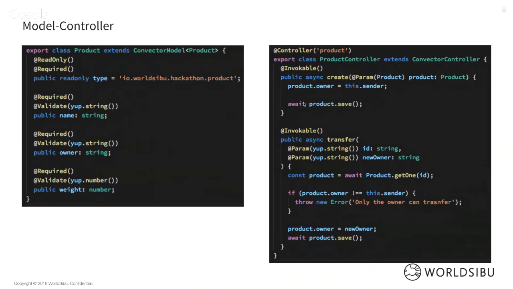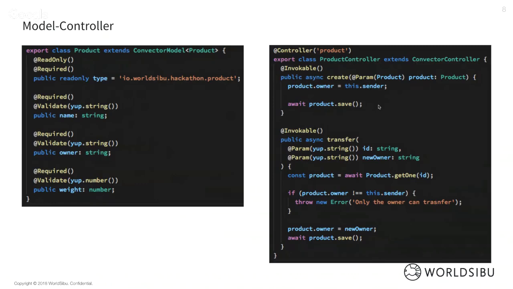So to describe a little bit of the logic that we're getting here, we're trying to create a new product, right? You get the product as a parameter, and then you assign product.owner equal to this.sender. What this logic is doing is setting the property owner of this product to be this.sender, and this.sender is a property of the Convector controller.